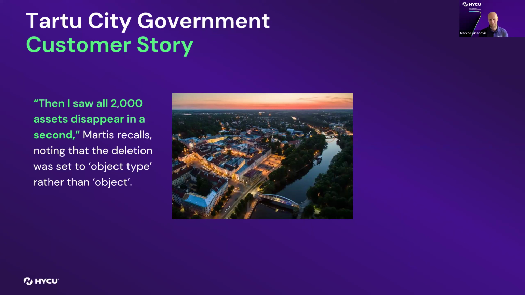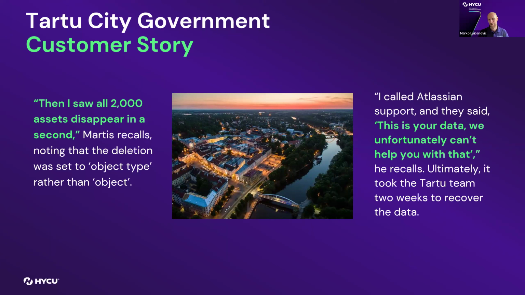It really depicts how you feel when this happens. "Then I saw all 2,000 of them disappear in a second." I ran a script wrongly once also, and I saw just things get deleted. It's not a nice feeling, and really you want to have a solution and a plan when this happens, right?